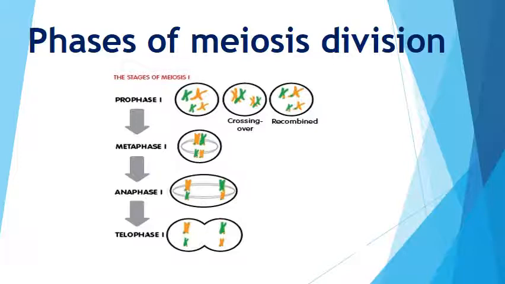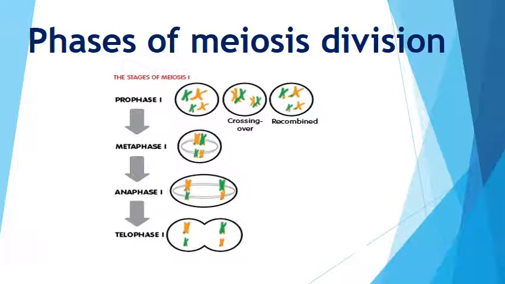So every group of homologous pair moves away from each other, and each group migrates toward the pole of the cell, forming two groups of homologous chromosomes or tetrads. Okay, this is what happens in anaphase 1.